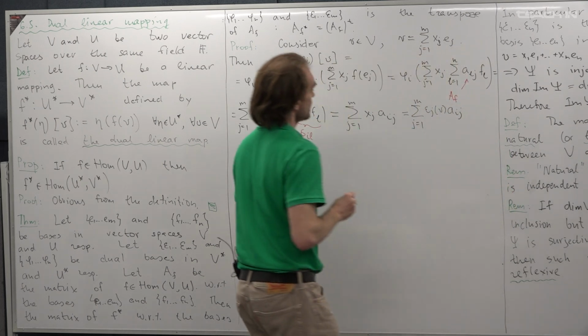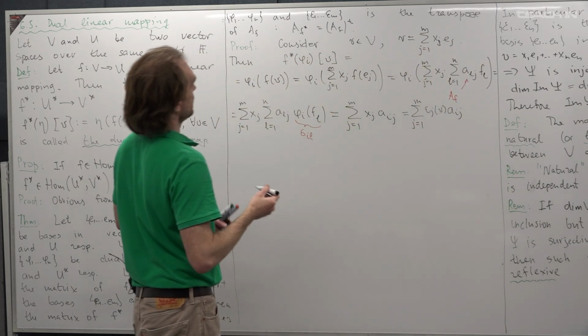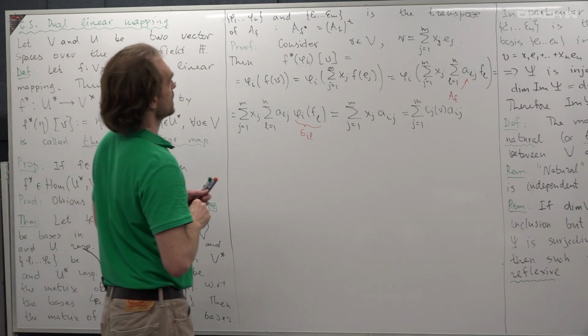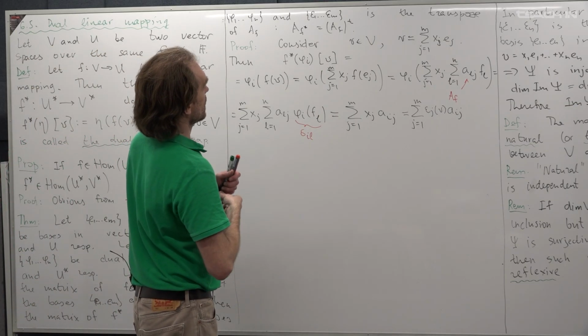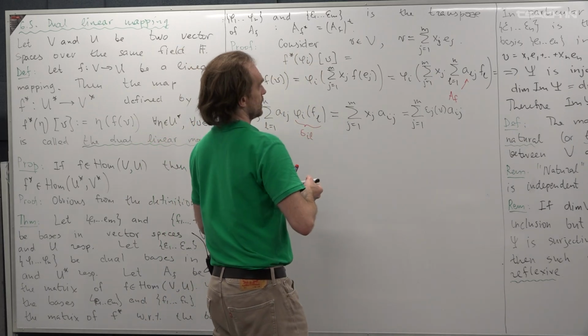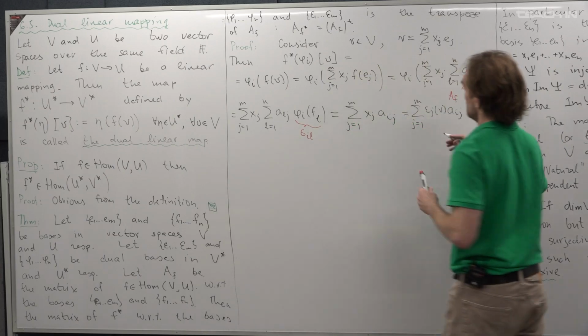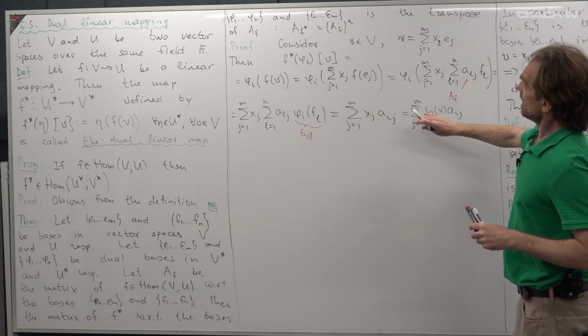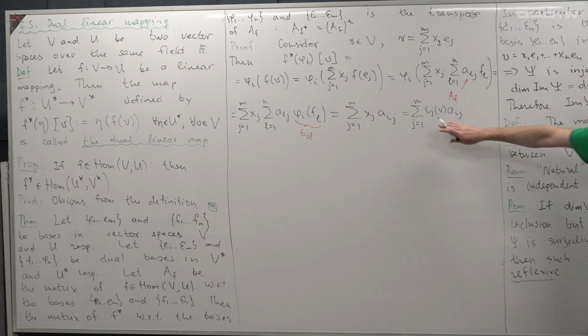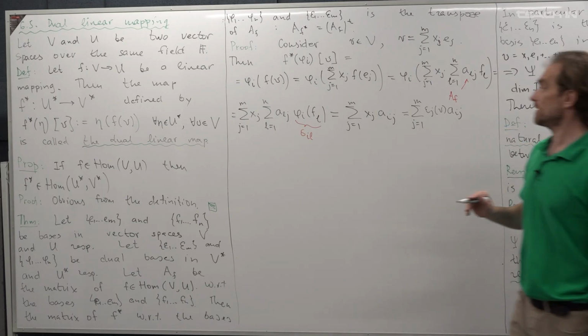So this is what we get here, and now we have the relation between the two linear functionals. This is one linear functional that is applied to the vector v, and here we have another linear functional which is applied to the vector v.